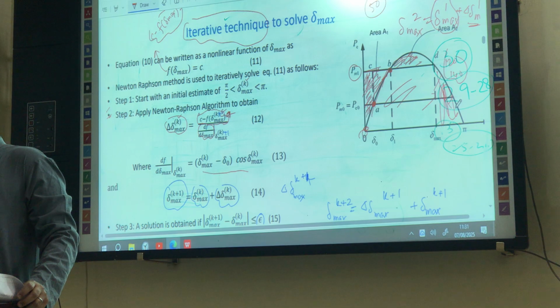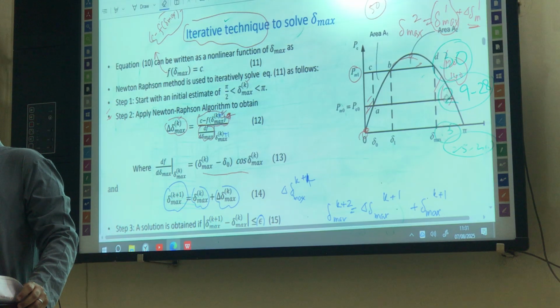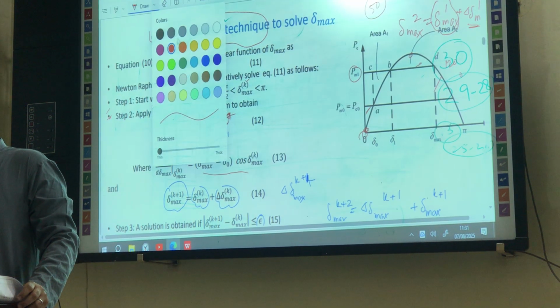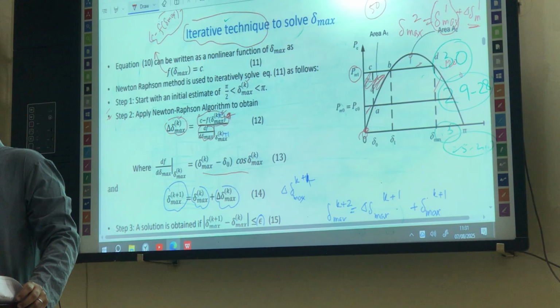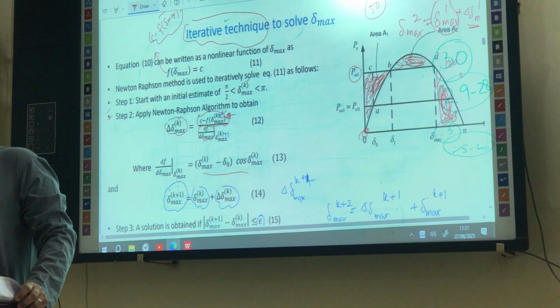Because you need to think about the intersection between PM1 and P. If PM1 is higher than P, that will be acceleration. If PM1 is lower than P, that will be deceleration. At that time, you will get only this type of areas. This area as your acceleration, then this as your deceleration, again this as your acceleration.